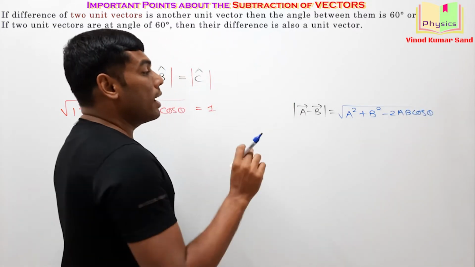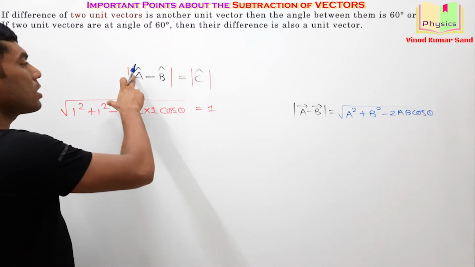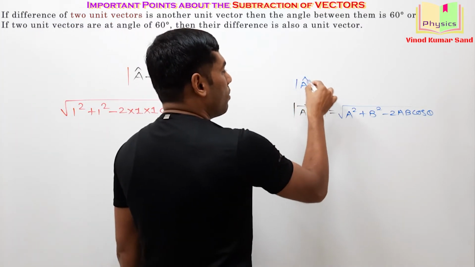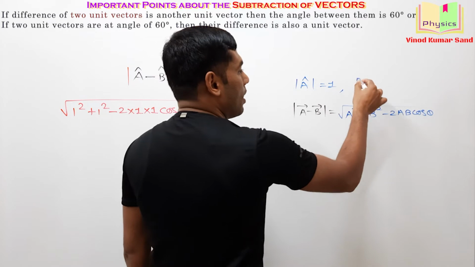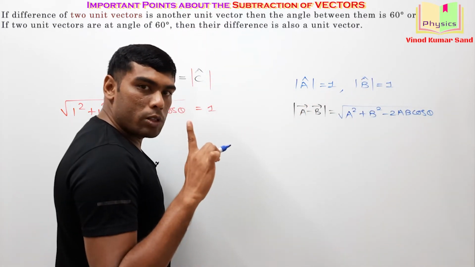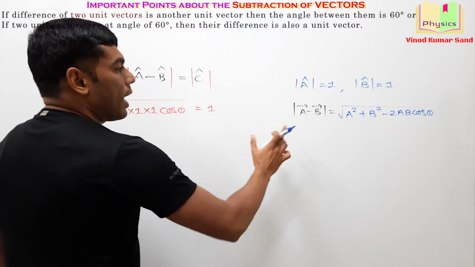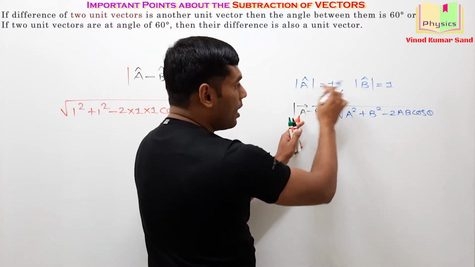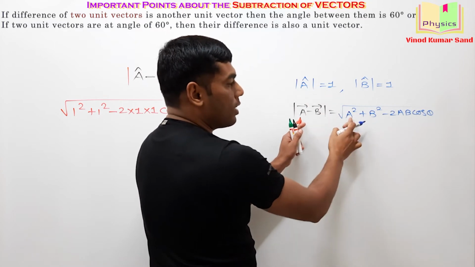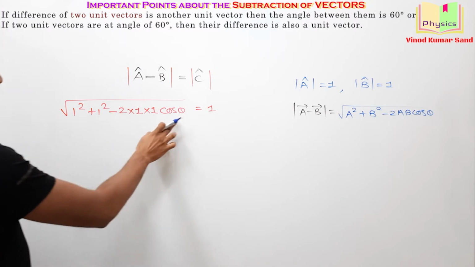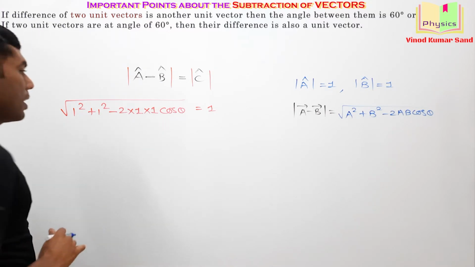Since we are using unit vectors, the magnitude of a cap is 1 as well as the magnitude of b cap is also 1. By putting these values, you will obtain this.